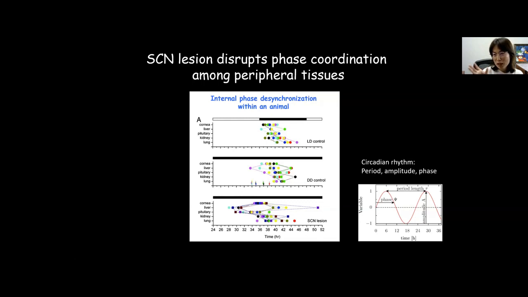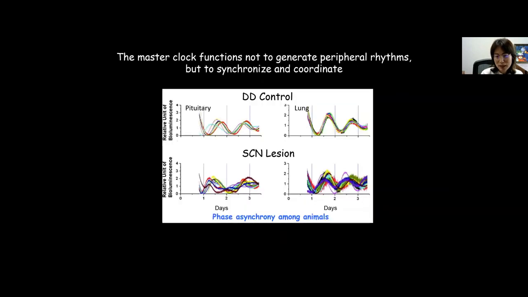So there is no more coordination between the rhythms, no inter-organ communication. And when you look at the single recordings, you can see that they are out of phase. So when combining this, the intact animals still have nice circadian rhythm, but the SCN lesion animals are just everywhere. So we learned that without the SCN clock, peripheral tissue clocks still oscillate, but because there is no synchronizer, they oscillate in a random way.